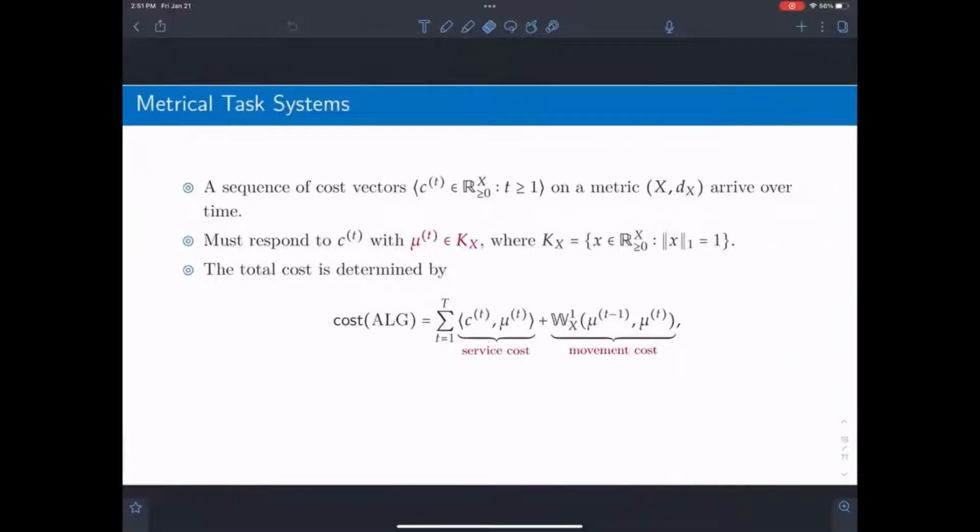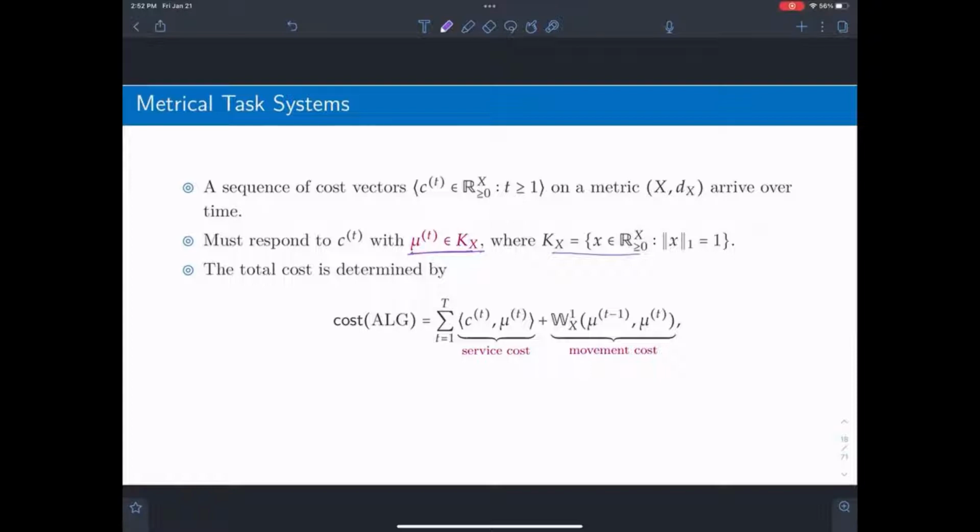Equivalently, we can view this problem as one in which we are allowing the algorithm to play a point in the probability simplex on X. So more precisely, suppose that the algorithm is playing at a point mu_t in the simplex defined on X. And then the expected service cost would be exactly the inner product of c_t and mu_t.